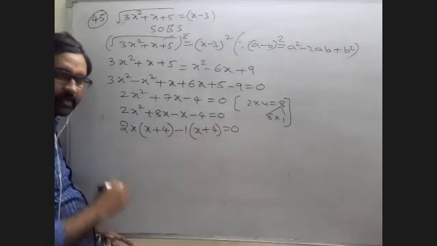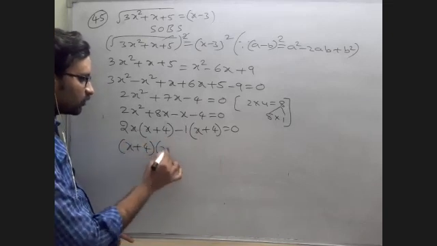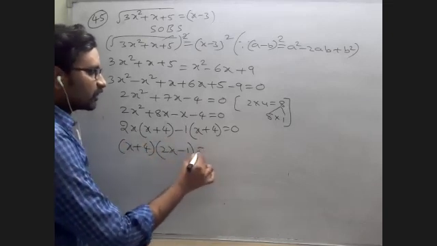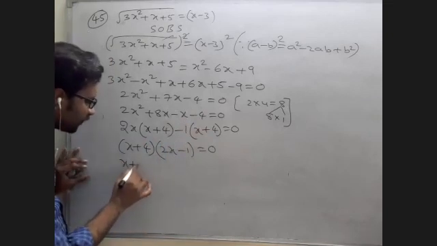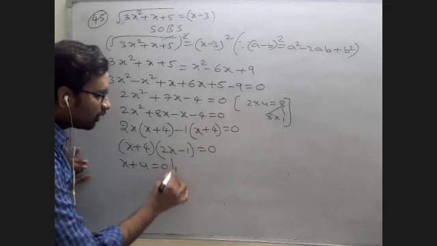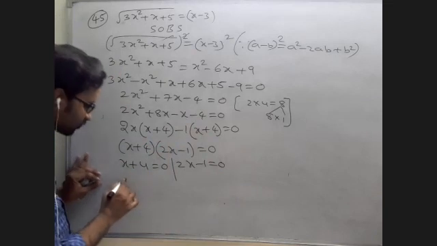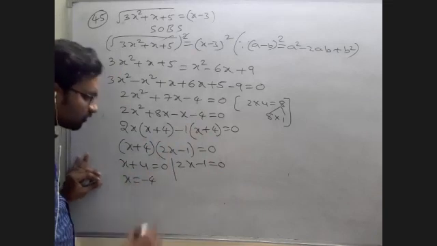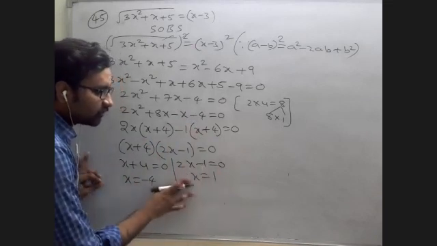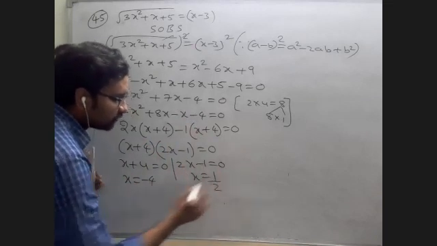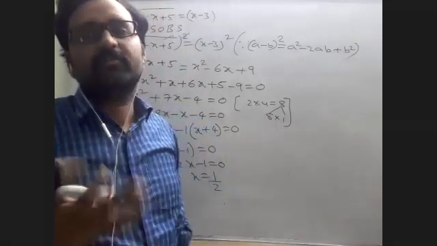Now we take x plus 4 common, remaining 2x minus 1, equal to 0. Now apply the zero product rule: x plus 4 equal to 0 or 2x minus 1 equal to 0. So x is equal to minus 4, and 2x is equal to 1, so x is equal to 1 by 2. We got two x values, and we have to check which values are correct.